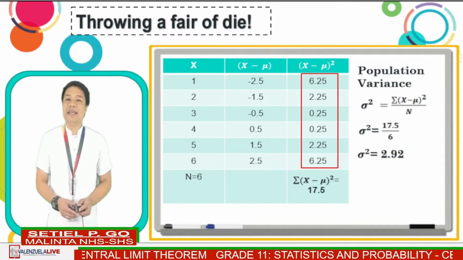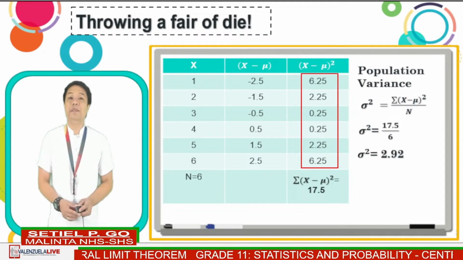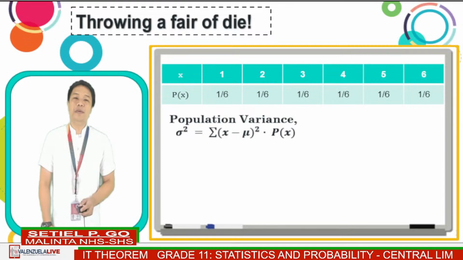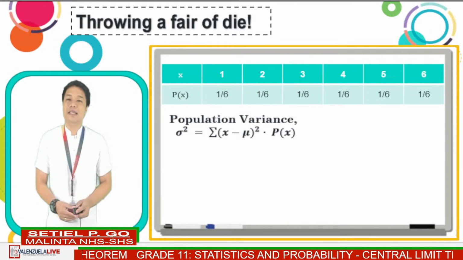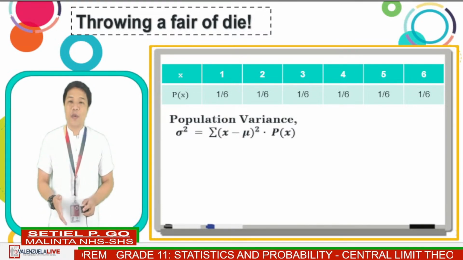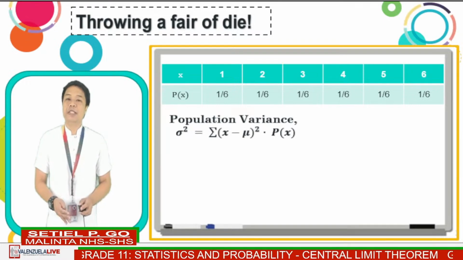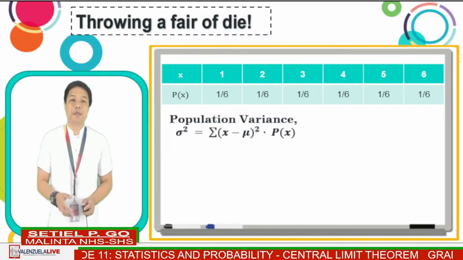Here is another way of solving the variance using the probability of each event. You're going to use the formula: variance is equal to the summation of the square of the difference of each outcome and the mean, multiplied by each probability respectively.